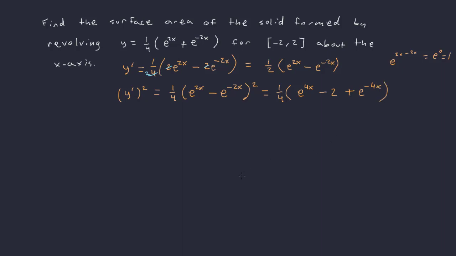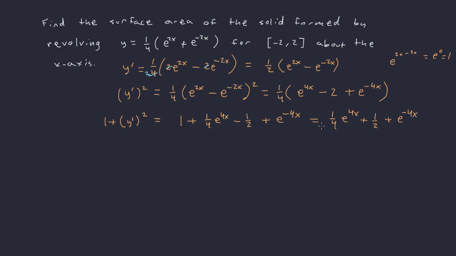Now the reason I did this is because we're going to be adding 1 to this thing, and I'll show you what happens with a lot of these cases. I'll have 1 plus, I'm going to distribute that 1/4. So I have 1/4 e^(4x) minus 1/2 plus e^(-4x), which, well, 1 minus 1/2 becomes 1/4 e^(4x) plus 1/2 plus e^(-4x).